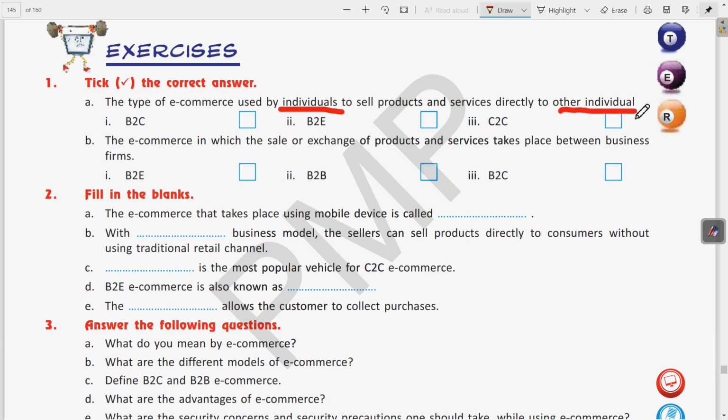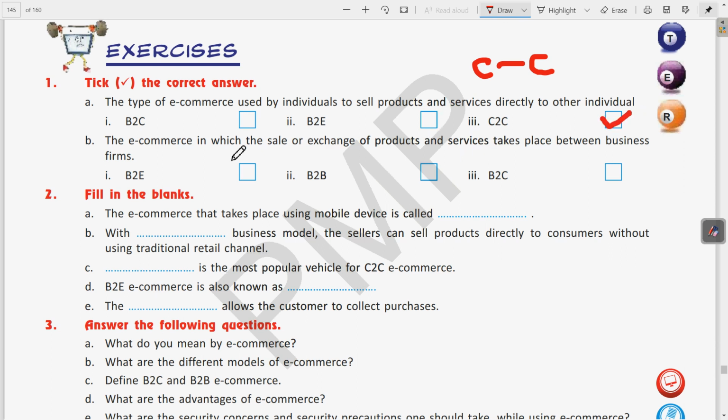So which model of e-commerce is this? This is customer to customer. Clear? Because one customer, that is one individual, is directly selling the product to another customer. That is why this business model is the customer to customer model of e-commerce. So the answer to this question will be C to C, the third option.